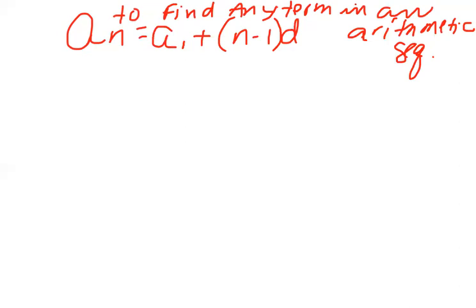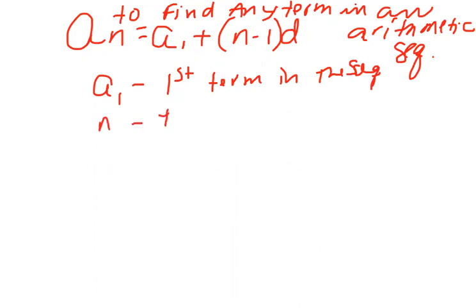A1 always represents the first term in a sequence. N represents the term number you're looking for.